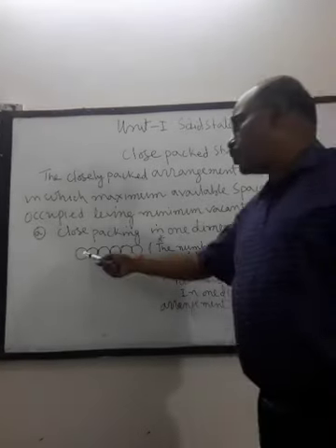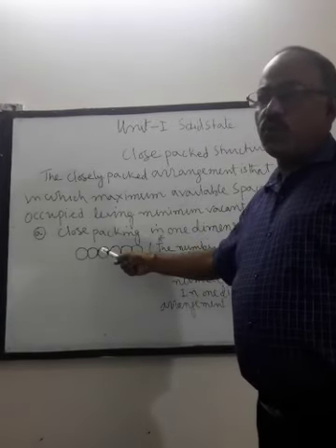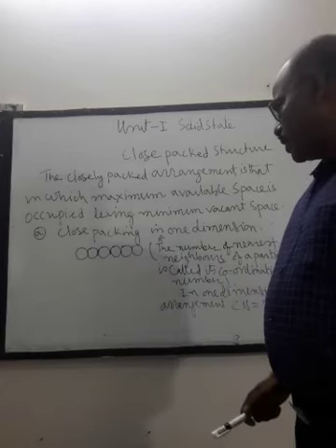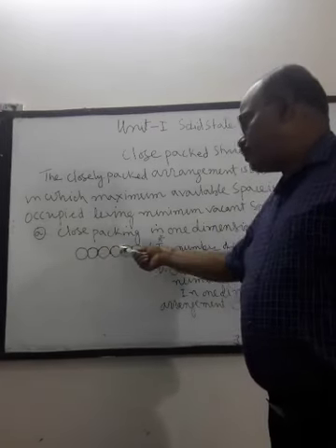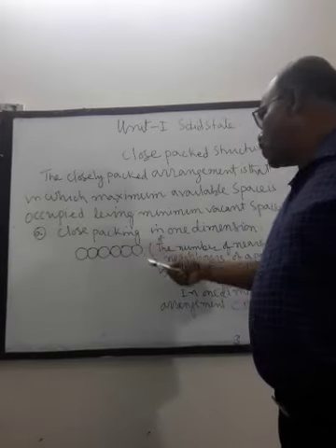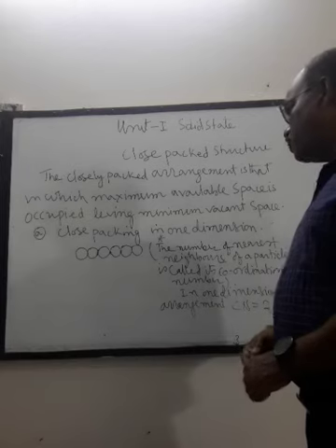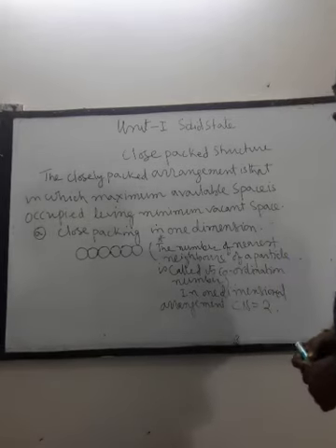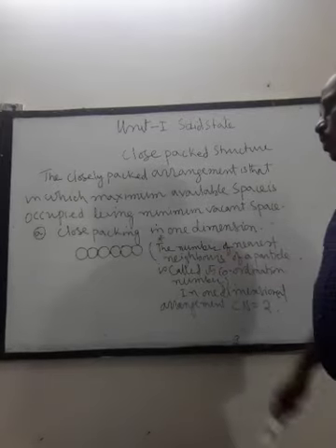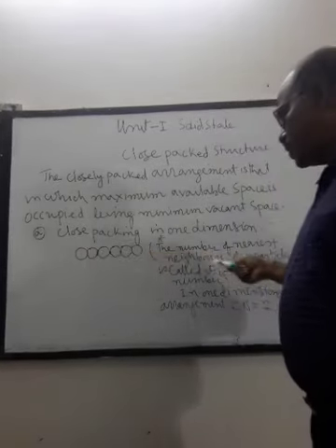These are some spheres which represent atoms, molecules or ions. Now if spheres are arranged in this manner, then such arrangement is called one-dimensional packing. So this line is continued.